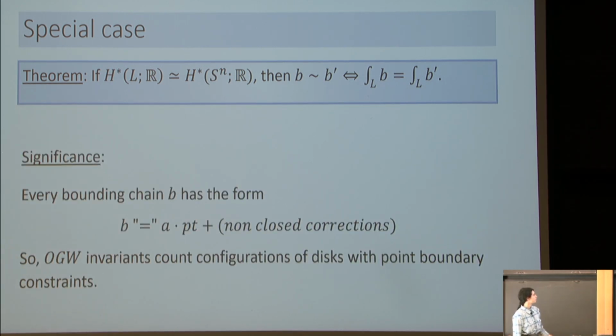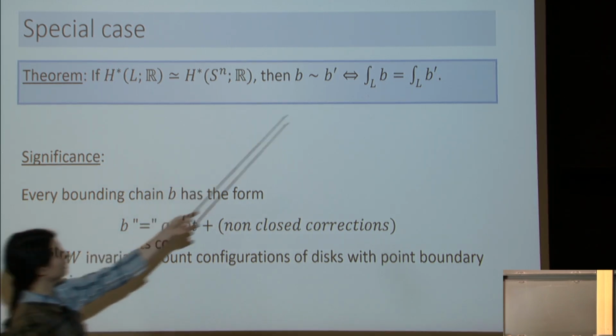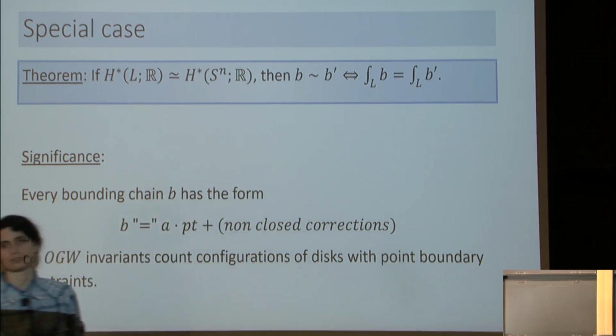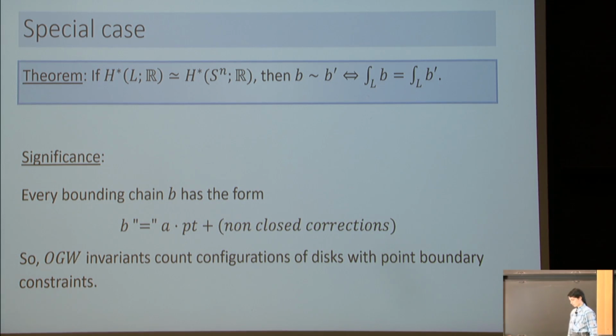So in other words, you can write them as something that represents a point. Right, the only part that contributes to the integral of B over the Lagrangian is the degree n part of it. So it's just the point. And then to that, you will generally have to add corrections that are not closed that come from this Maurer-Cartan equation.